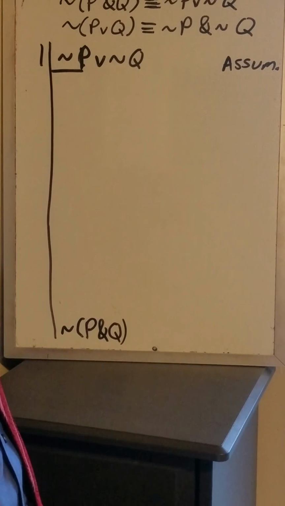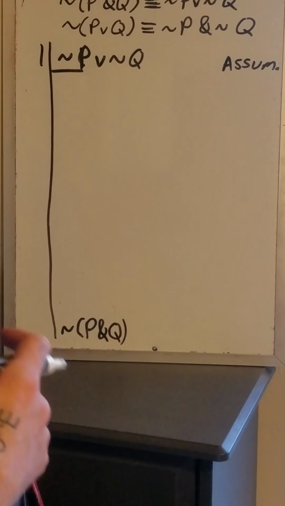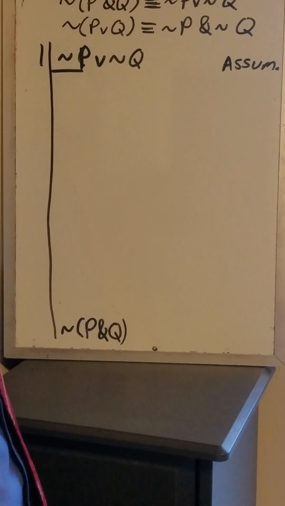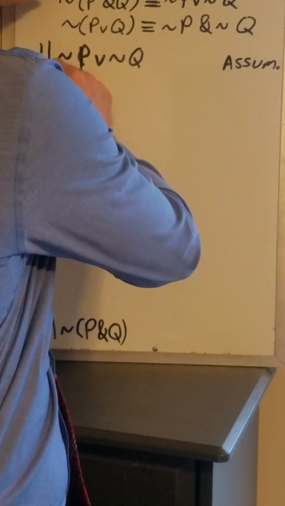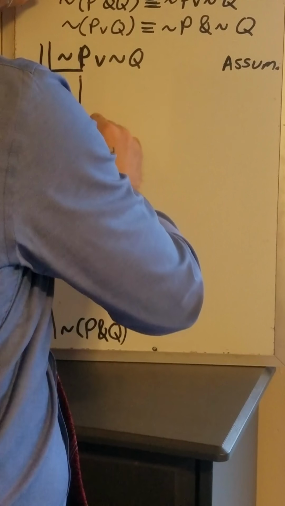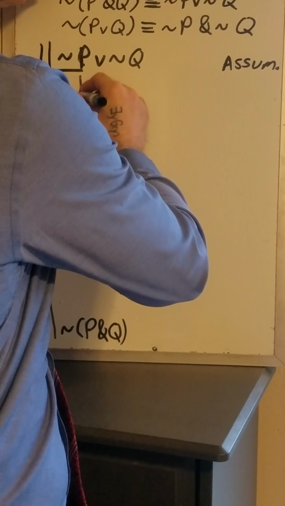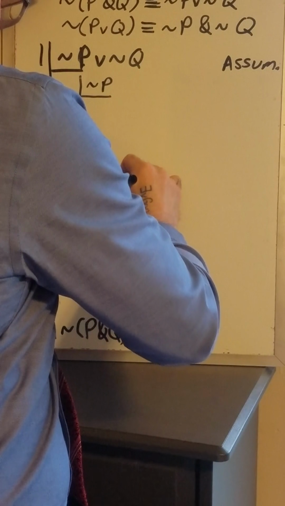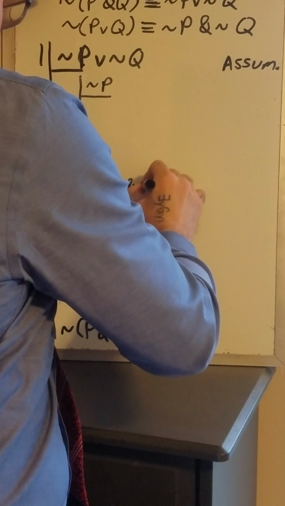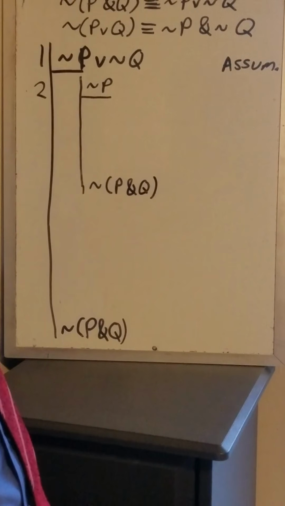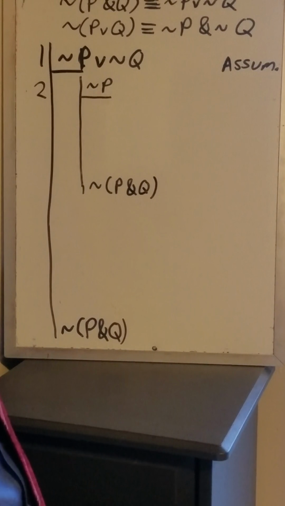Alright, so it looks like the natural way to do this is probably by just disjunction elimination. So we'll assume not P and show that not (P and Q) follows, and then we'll do the same with not Q.